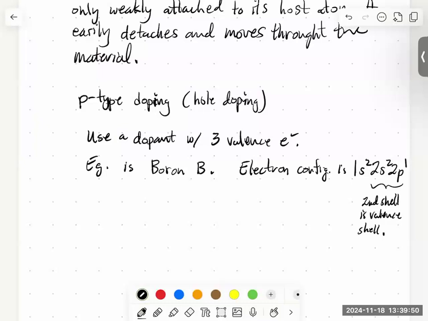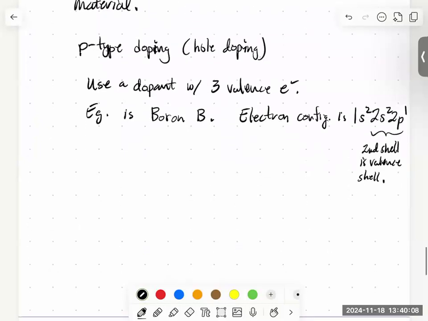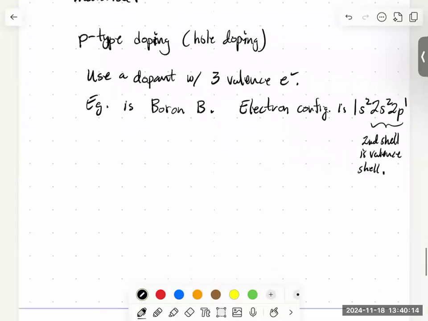It would have the exact same electron configuration as silicon minus 1 valence electron. I don't know too much about it, but there are some technical reasons why boron is a better dopant. It has something to do with how it diffuses into the material. So it's just a technicality. The important point for us is that we have 3 valence electrons.